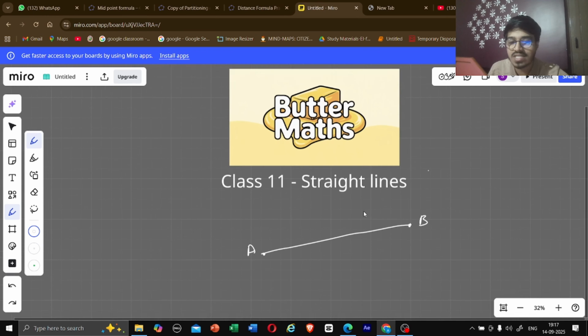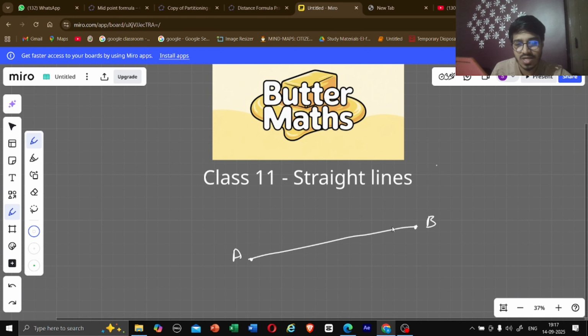So how do you measure this shortest path, or the distance from your home to your friend's home?